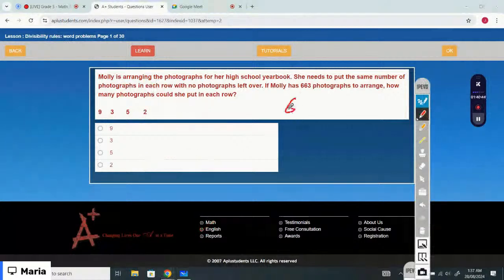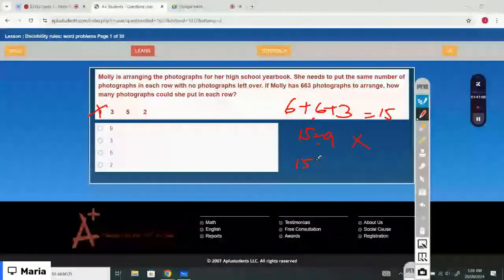Let's apply the divisibility rule for 9. You need to add the digits. 6 plus 6 is 12, and 3 is 15. Is 15 divisible by 9? No. That means the number is not divisible by 9, so 9 is not the correct option. Now apply the divisibility rule for 3. You have to add the digits, that is 15, and 15 is divisible by 3.